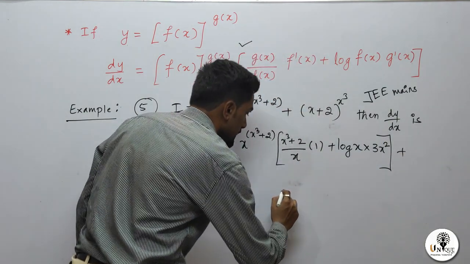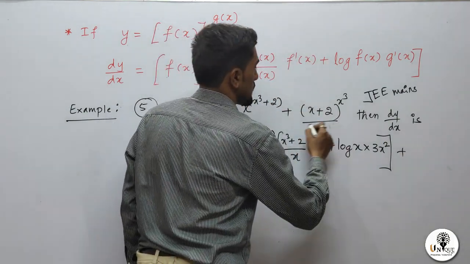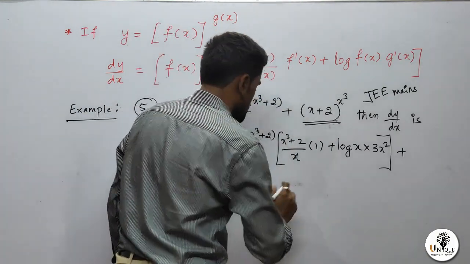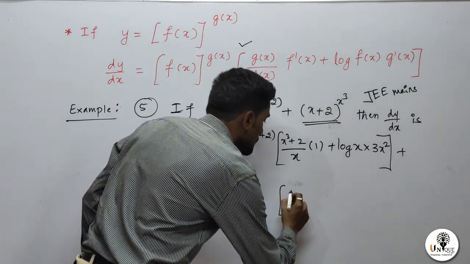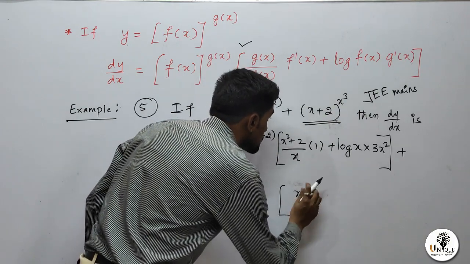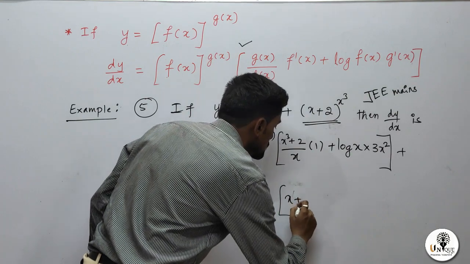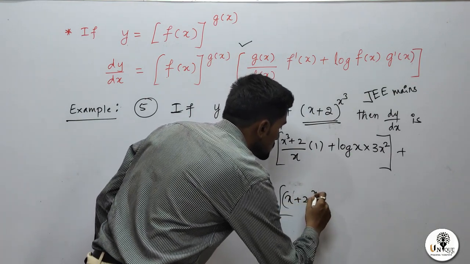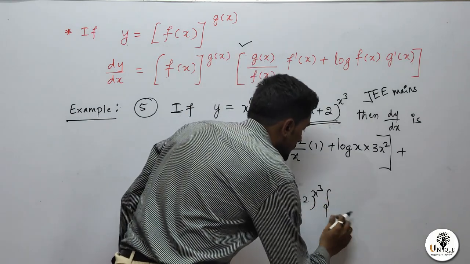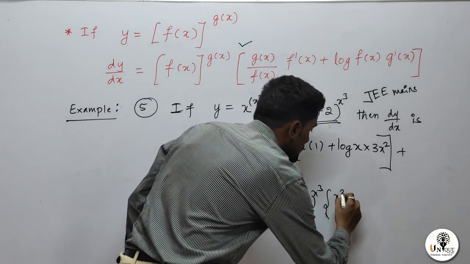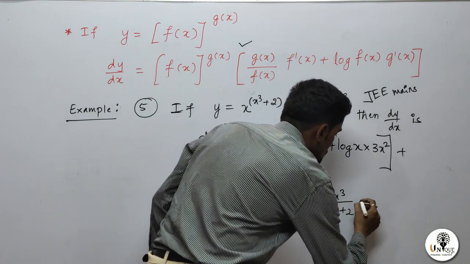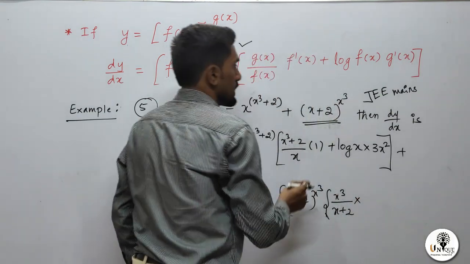Plus, we'll write it here to differentiate this function. Again, I will apply the super trick, that is x plus 2 raised to x cube as it is, inside the bracket x cube divided by x plus 2, into f dash of x.